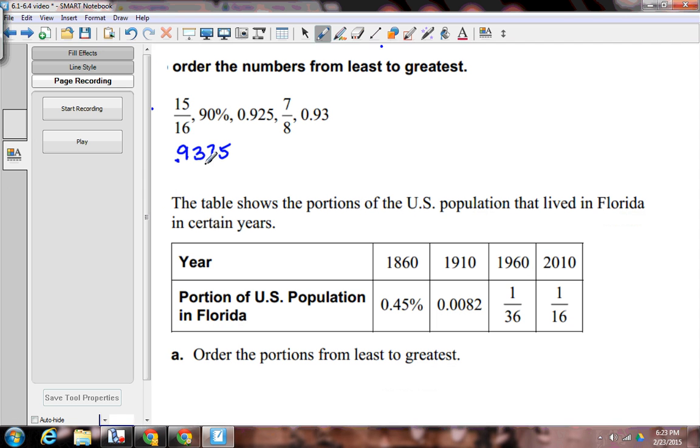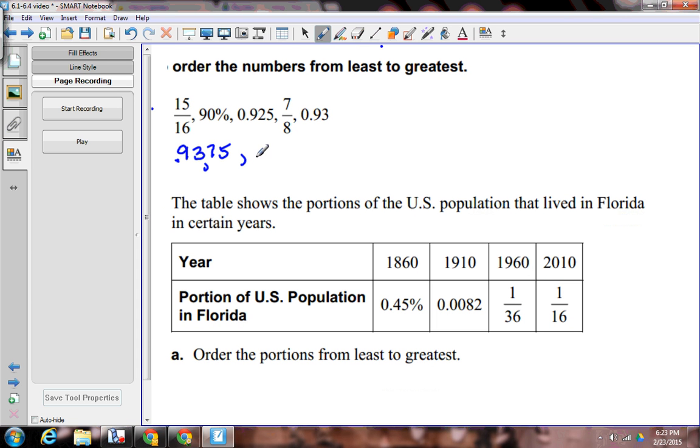And 90% is, of course, 0.9. And then we have our numbers that are already as decimals I'm going to leave alone, and then 7/8 we have 0.875.